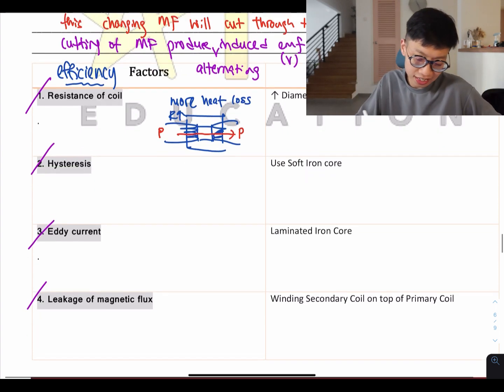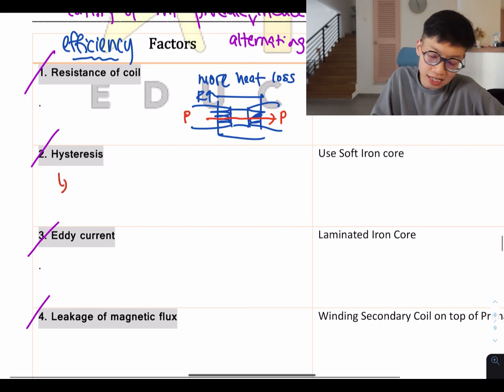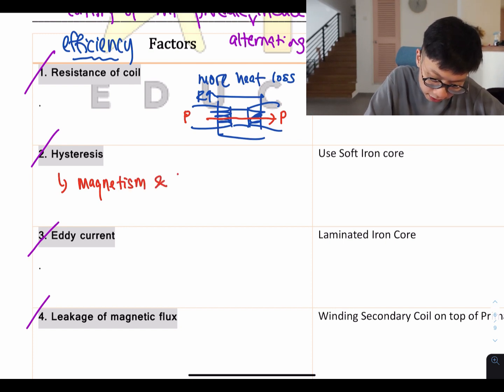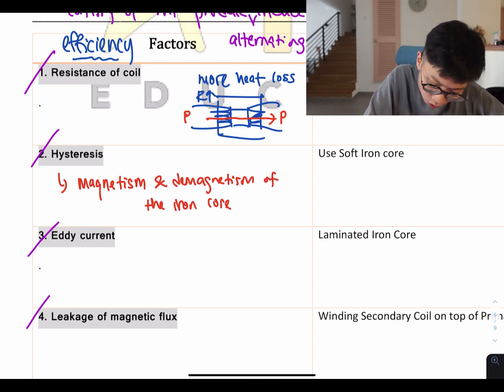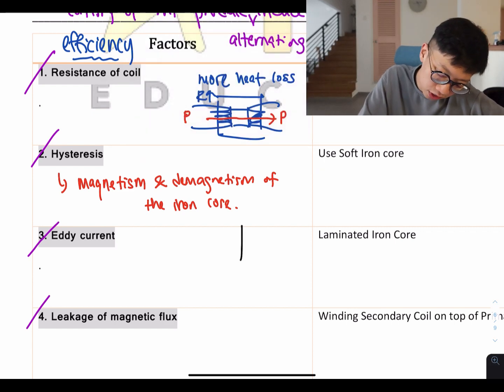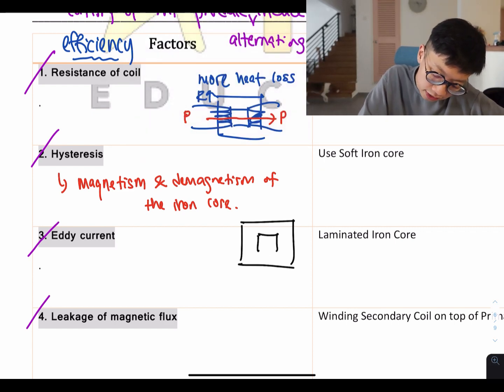What about hysteresis? Now, hysteresis is actually what we also call the magnetism and demagnetism of the iron core. What is this? Just now we mentioned that we have an iron core.